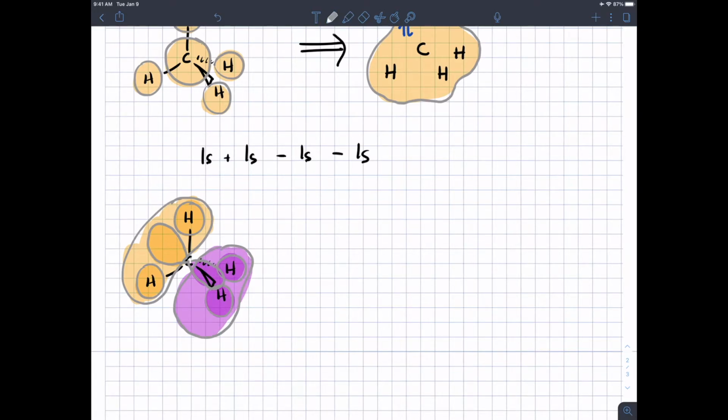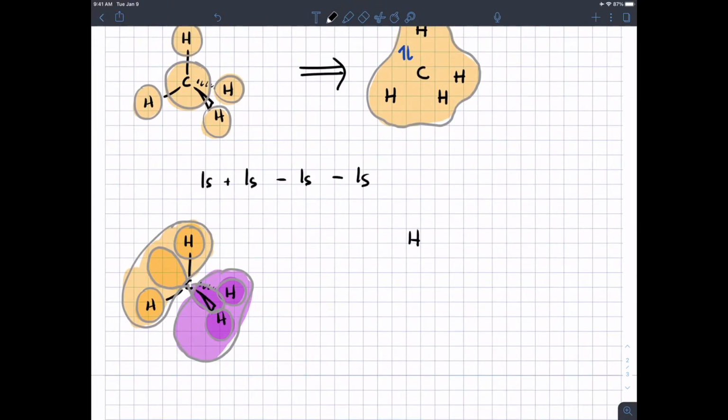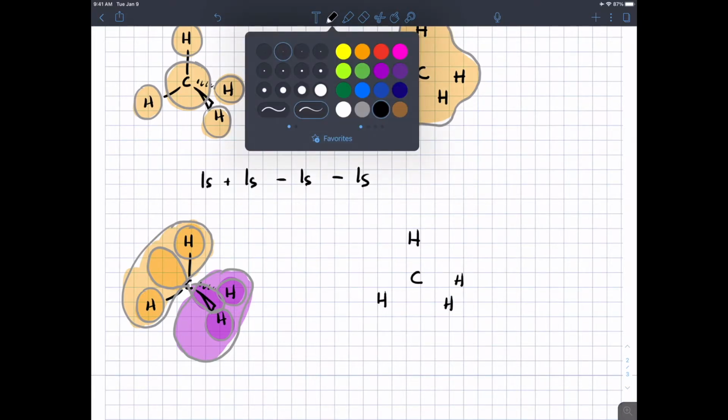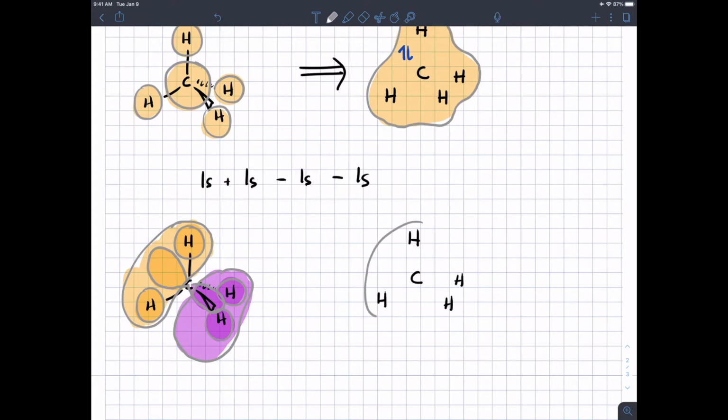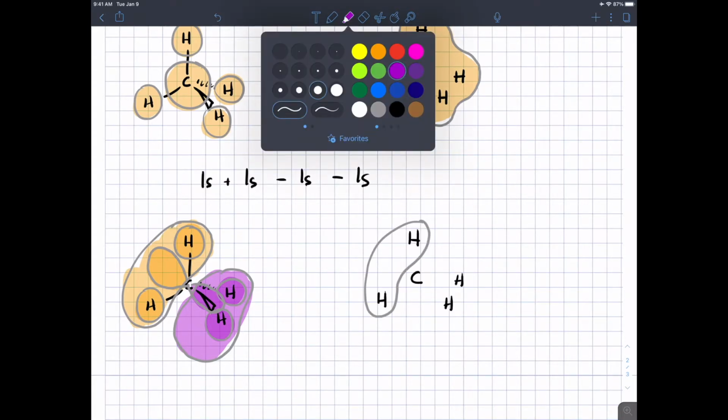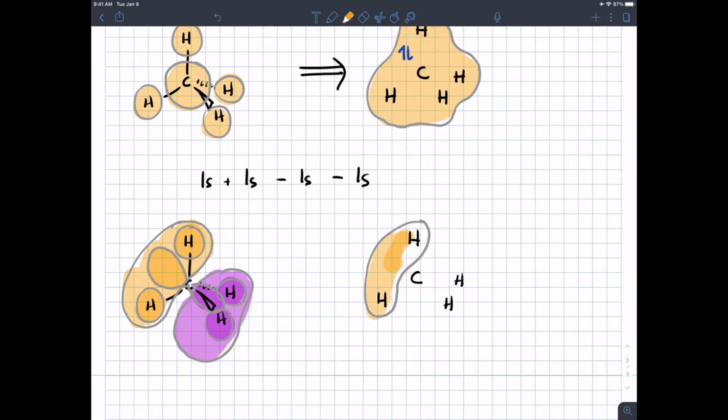And of course, we could do that as well without showing any of the original bonds from our Lewis structure, just preserve the locations of the atoms. Here is the orange lobe, and that orange lobe would tend to pull the hydrogens and the carbon together, as would the purple lobe.